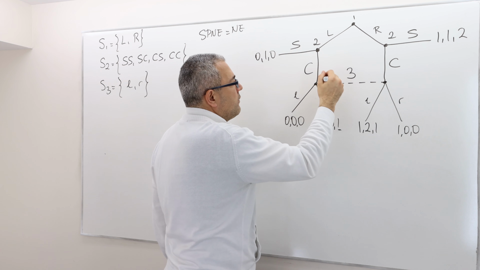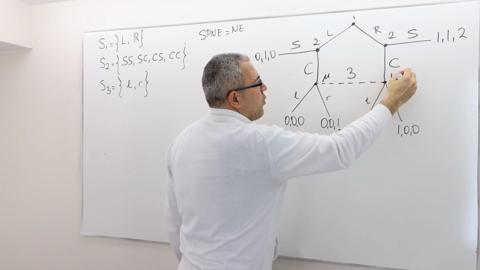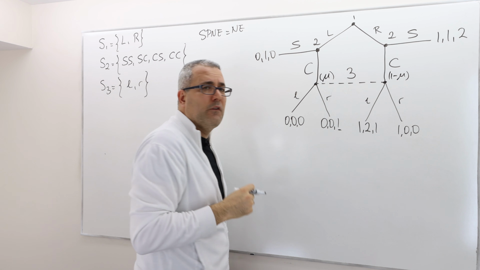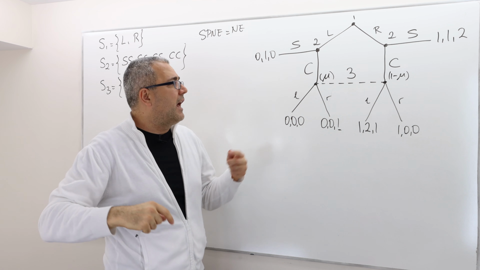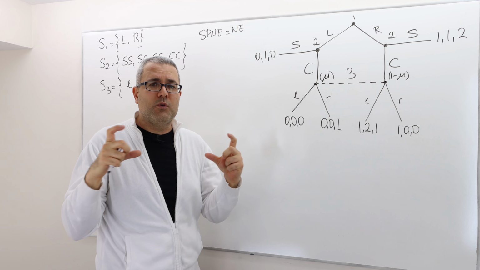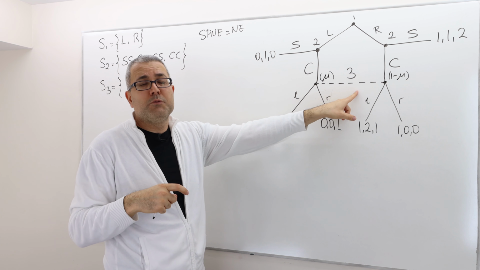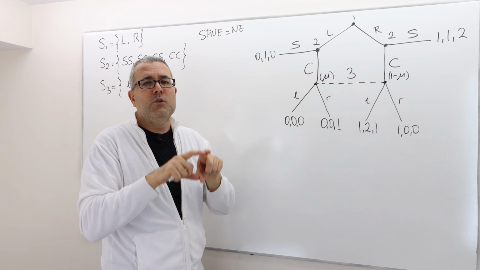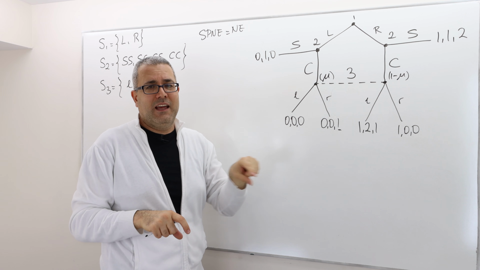So you know what? I'm going to put some probability mu here, and therefore 1 minus mu here, right? The perfect Bayesian equilibrium should always come with a belief system, and there's only one information set which has more than one decision node, which belongs to player 3. So you have to assign probabilities to each decision node at that info set.